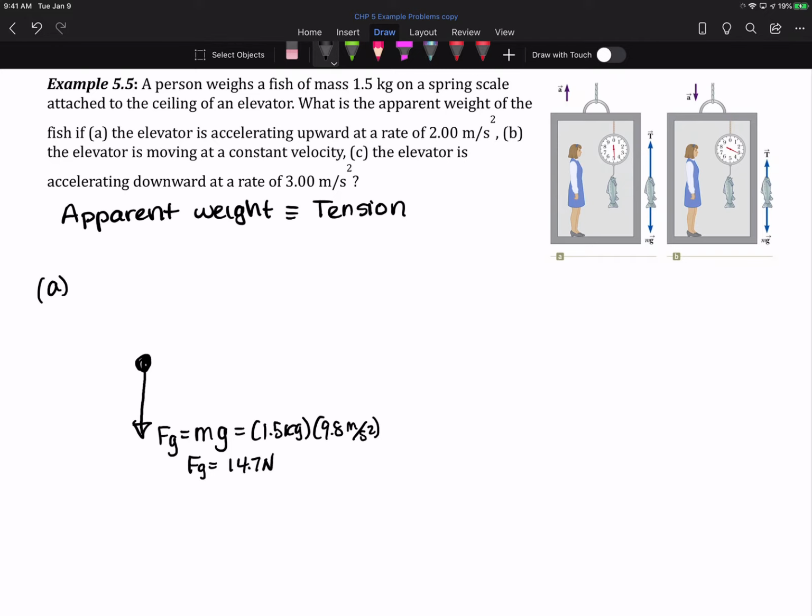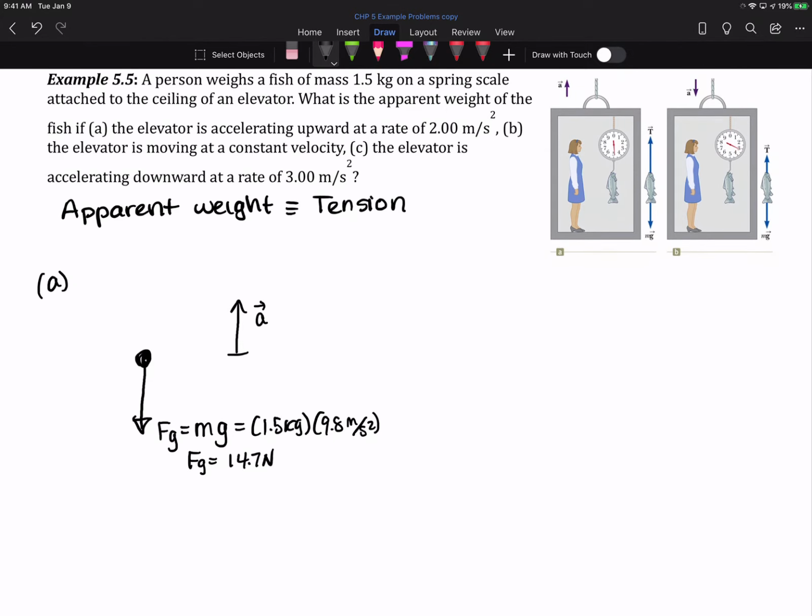Now in this example, the elevator is accelerating upward. So this is a system where it is not in equilibrium, right? So the sum of the forces here are not going to be equal to zero, and in fact, whatever the direction of the acceleration is, that's also going to be the direction of the net force. So there has to be some net force that's also directed upward.